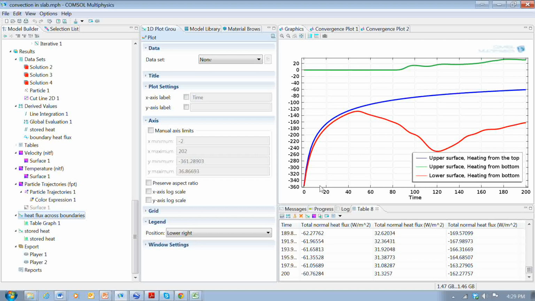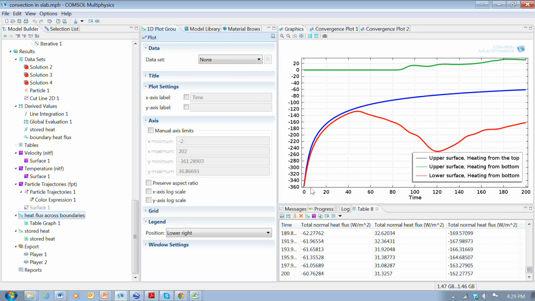Okay? Then these two curves are the heat flux. Well, okay, let me also say this is the upper surface. The lower surface, when I heated from the top, I also did that, but it's essentially zero. So it plots up here. So when we heat from the top for 200 seconds, there's no heat flux at the bottom. Okay?